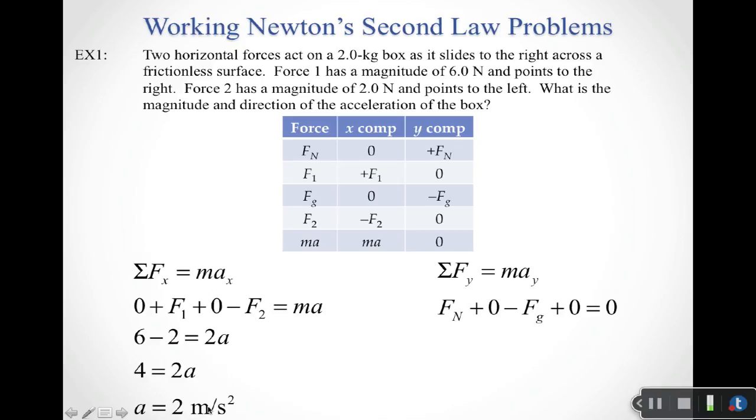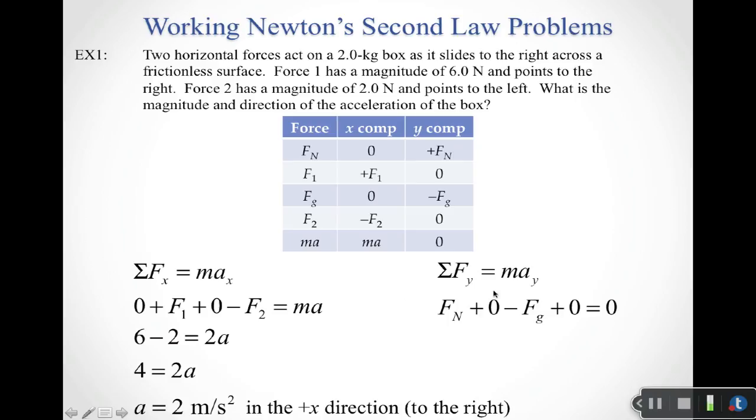And in terms of its direction, I know that's in the positive x direction in my choice of coordinate system, which pointed to the right. So the acceleration here is a vector 2 meters per second squared in magnitude that points to the right.